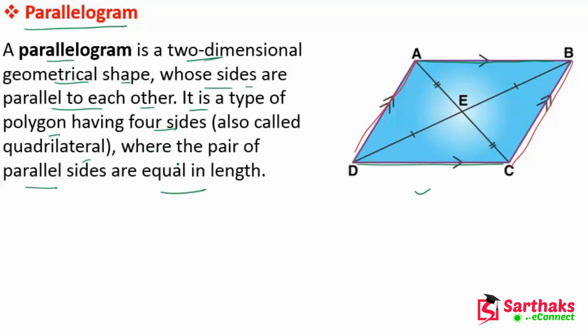Opposite angles are also equal, like angle A is equal to angle C. This is the property of a parallelogram: opposite sides are equal and parallel, and opposite angles are equal. I hope you get this point.